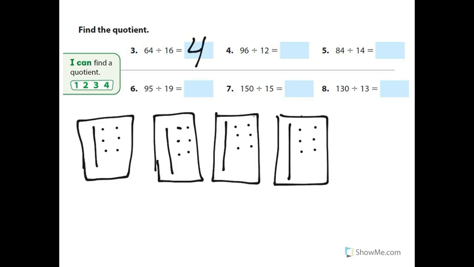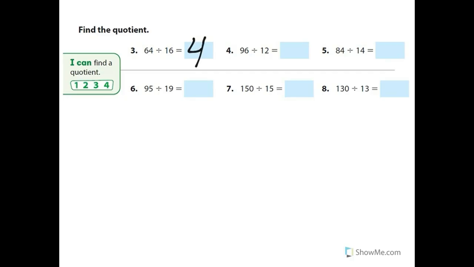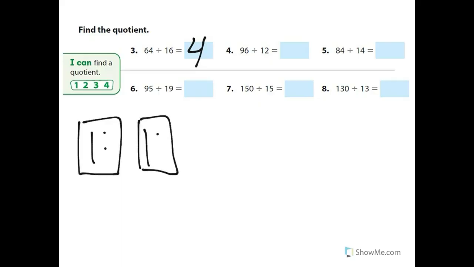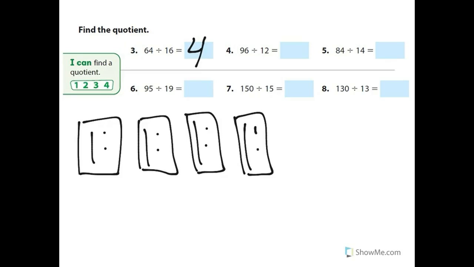Alright, so using this model, I want you to solve number 4. See how many groups of 12 can be in 96. Okay, so I got 1, 2, 3, 4.